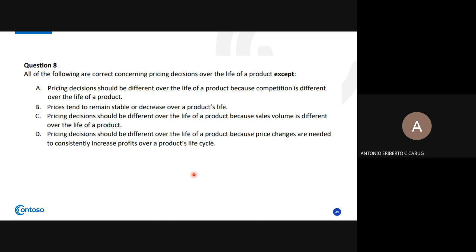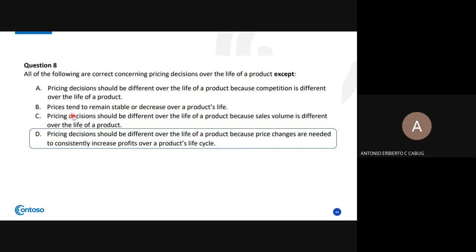Okay, enter. Enter now. All of the following are correct concerning pricing decisions over the life of a product, except. Exception ha. We're looking for the exception. Yes, Andrea, may question ka? Wala po, sir. Napindot lang po. Sorry. See, no worries, no worries. Okay, so the correct answer here is letter D.